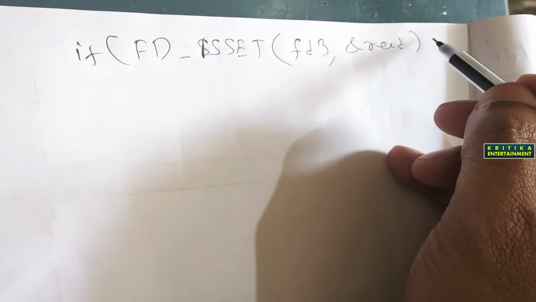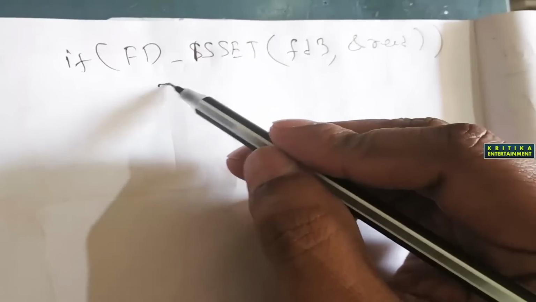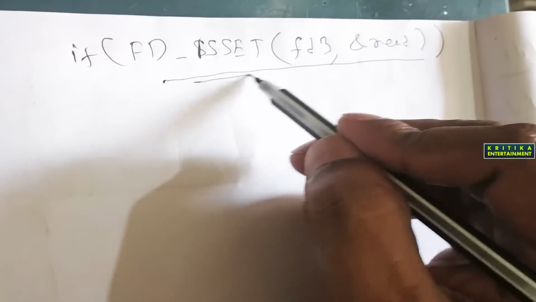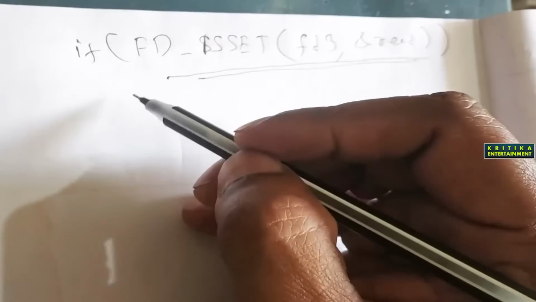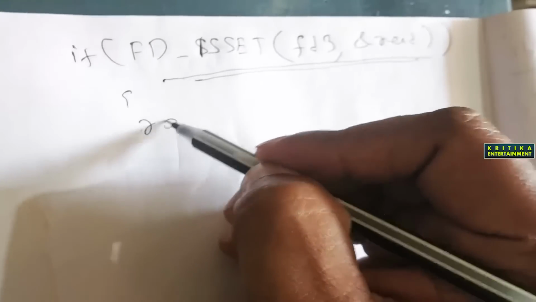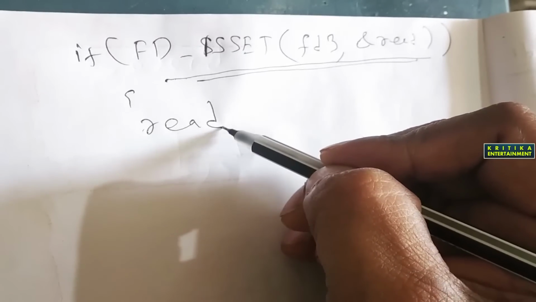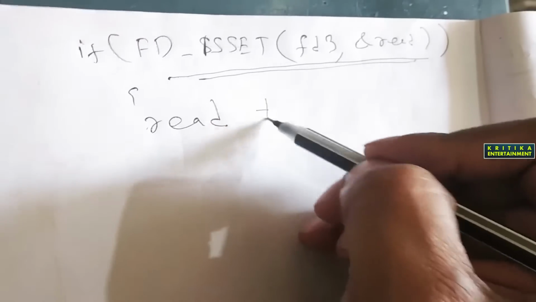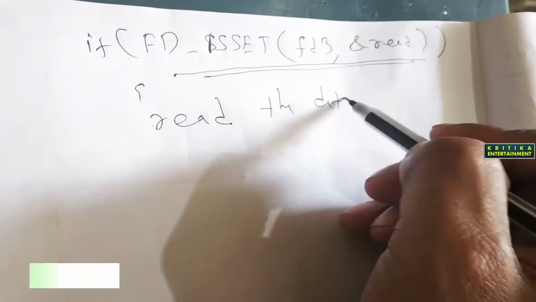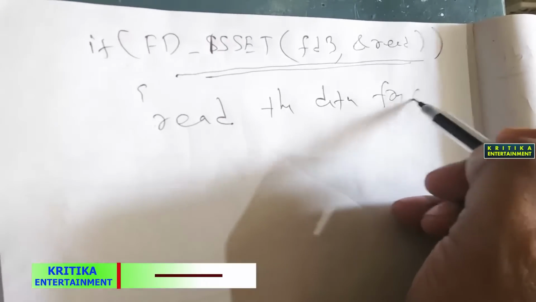If data is available, it returns true. That means here you can write the function to read the data again from client 3.